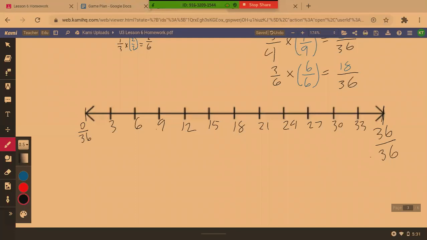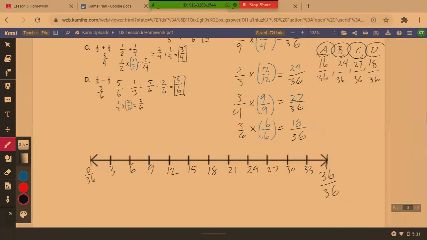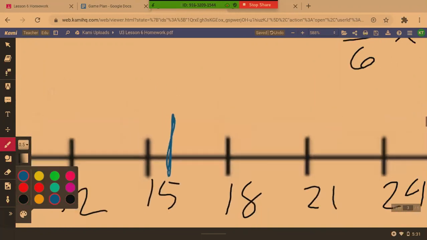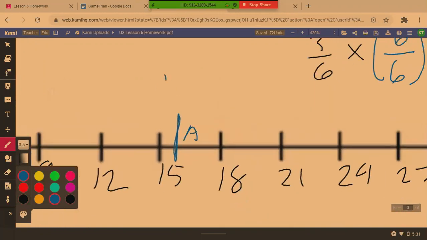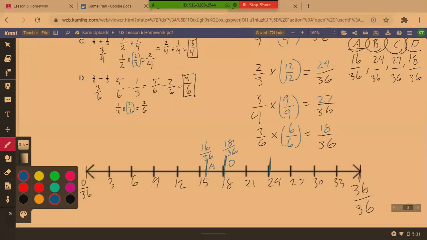So let's plot A, B, C, and D. So A is 16 out of 36. And then D, I believe, is 18 out of 36. Check my work. Yes. Okay, then B is 24. And then C is 27.